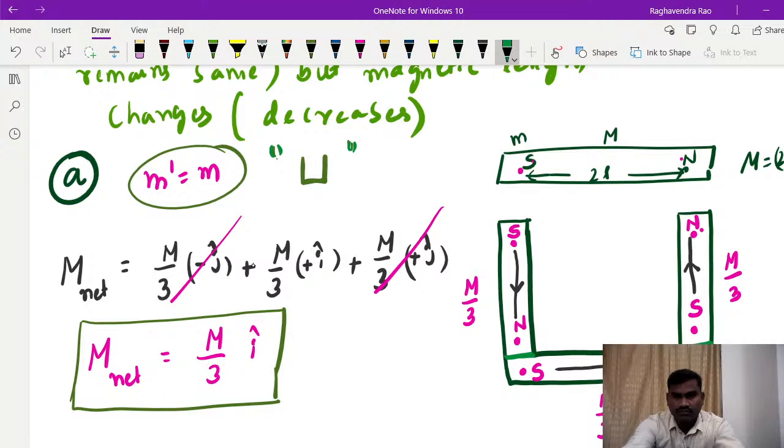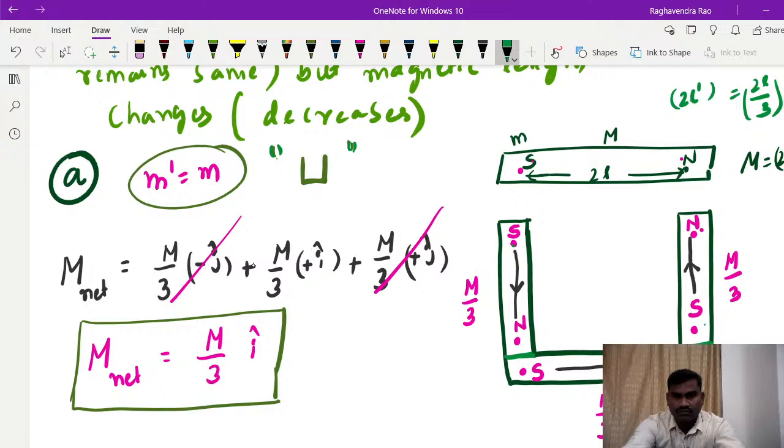Now this is bent in the form of a U shape, equally bent in the form of 3 parts. So the magnetic length 2l dash will become 2l by 3. There is no change in magnetic pole strength, so the magnetic moment of each part will become M by 3.